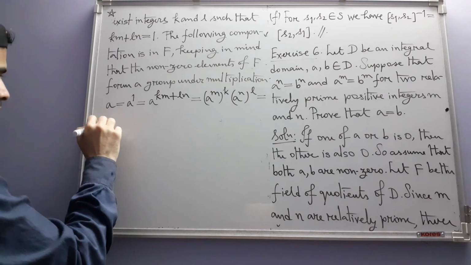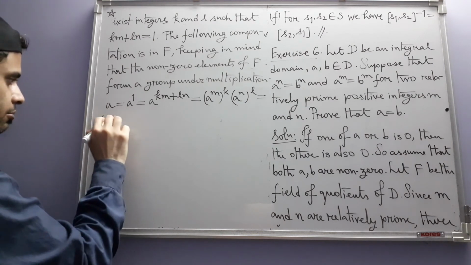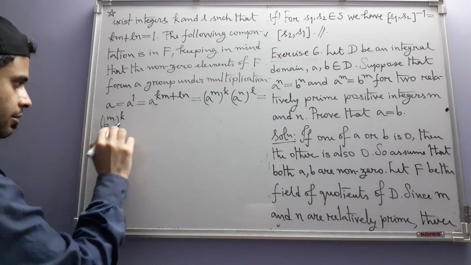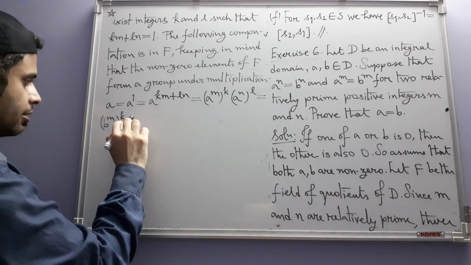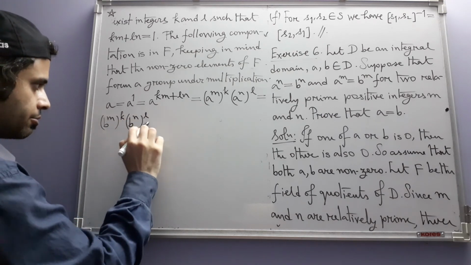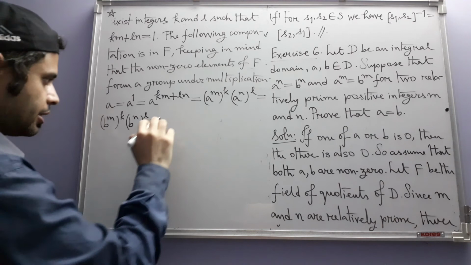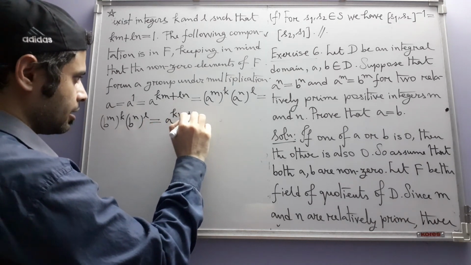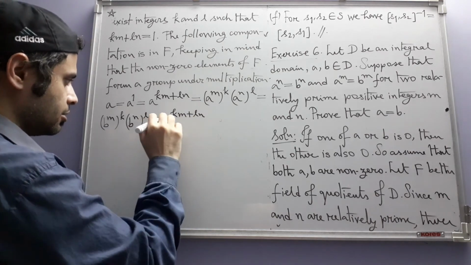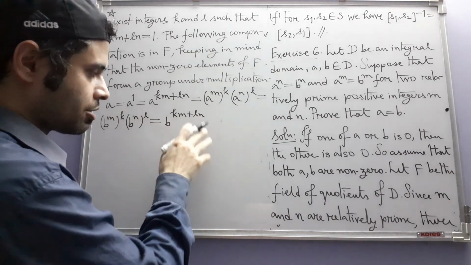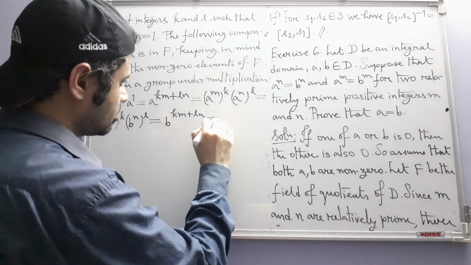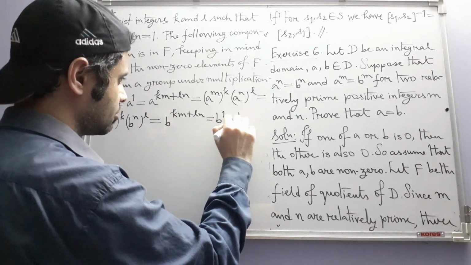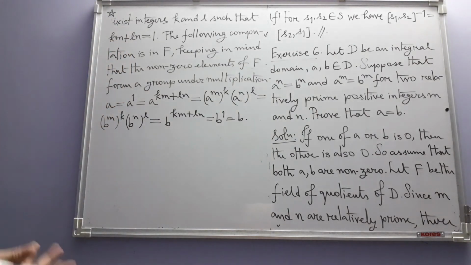This is equal to B to the power m whole to the power k times B to the power n whole to the power l. So again we can write it as km plus ln, again applying the laws of exponents. This is B to the power 1, this is equal to B, and that's how we have A is equal to B.